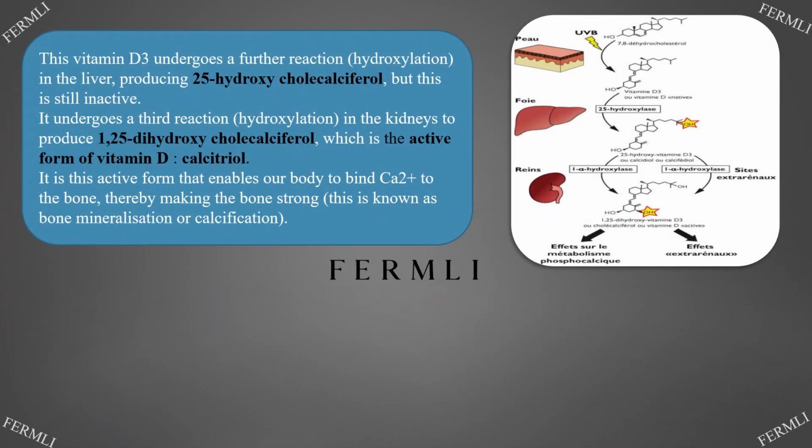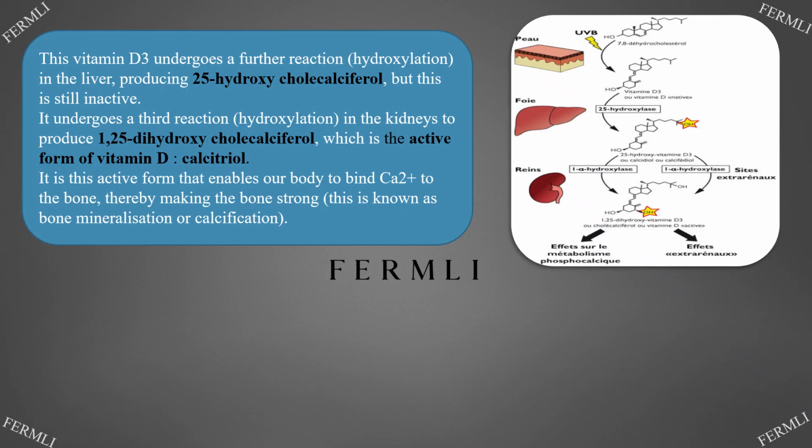This vitamin D3 undergoes a further reaction, hydroxylation, in the liver, producing 25-hydroxycholecalciferol, but this is still inactive. It undergoes a third reaction, hydroxylation, in the kidneys to produce 1,25-dihydroxycholecalciferol, which is the active form of vitamin D, calcitriol.